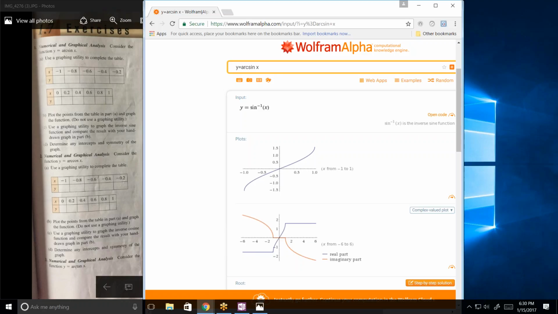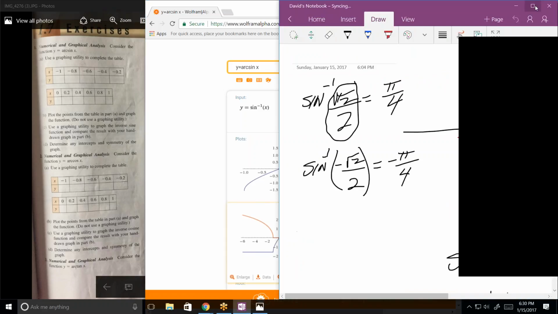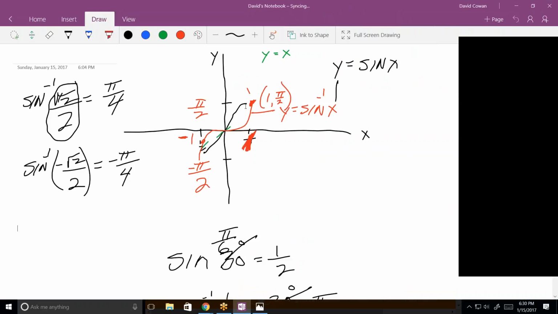And what that basically means is it's a reflection over the y-axis followed by a reflection over the x-axis. If you look at that curve, it has symmetry about the origin, as does the sine function. In other words, if we go back and look at my graph, notice the black also has symmetry about the origin.